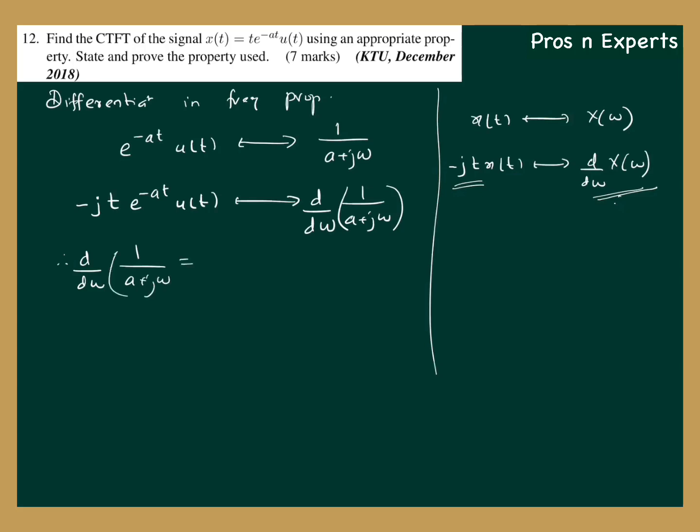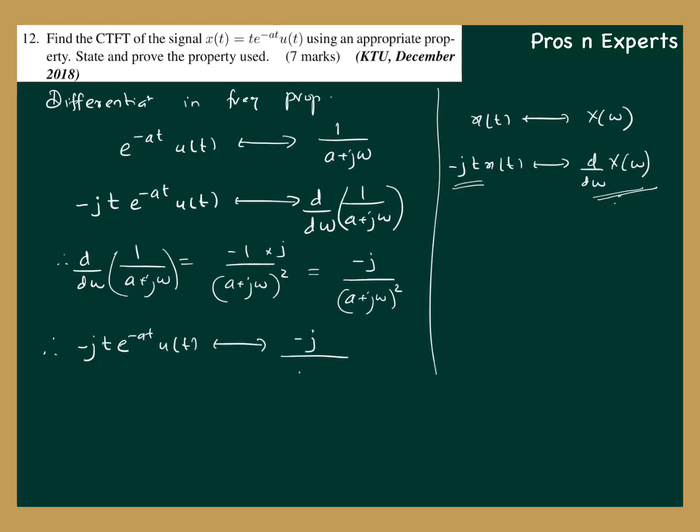It is equal to minus 1 by a plus j omega the whole square into j. Okay, that is minus j by a plus j omega the whole square. So what we got is minus j into t into e raised to minus at u of t will have a Fourier transform minus j by a plus j omega the whole square.